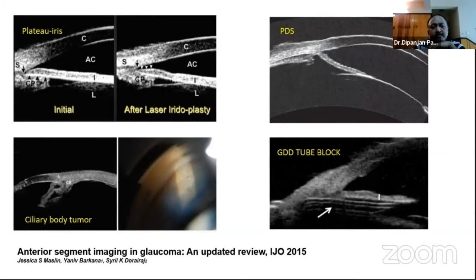These are some beautiful pictures from this wonderful review by Dr. Jessica et al. Particularly, look at this image, which looked like an anterior segment synechia on gonioscopy, which later was discovered to be a ciliary body tumor.